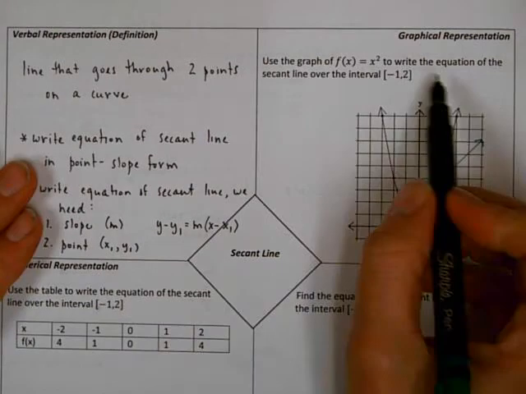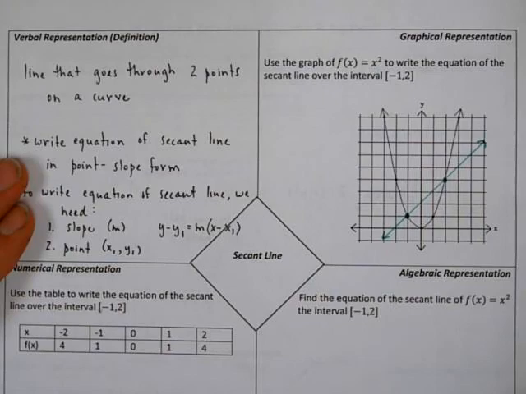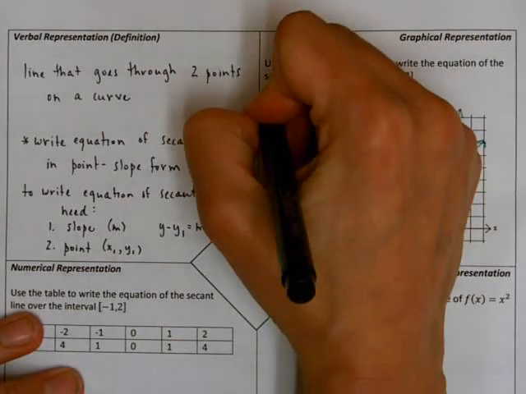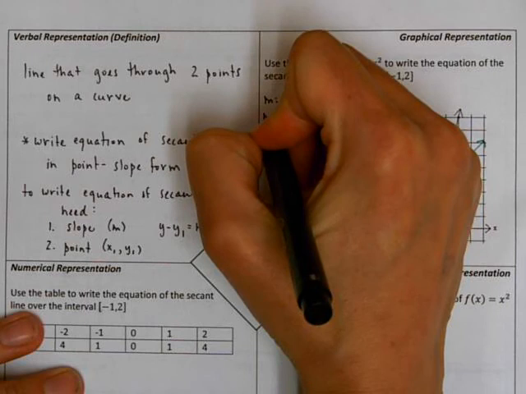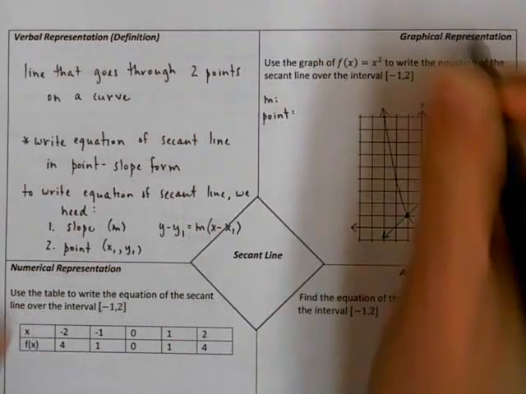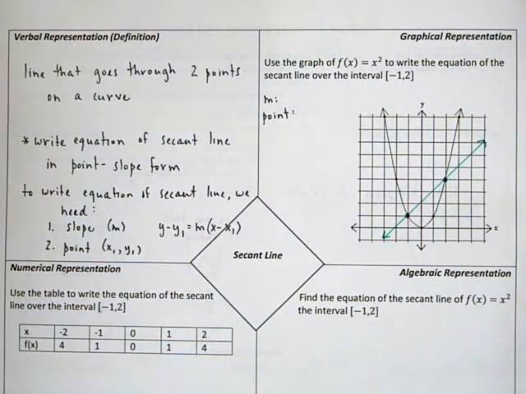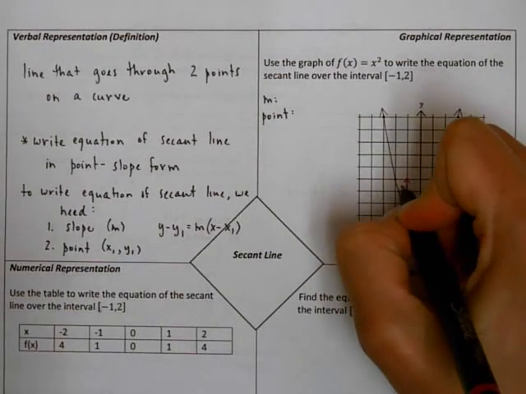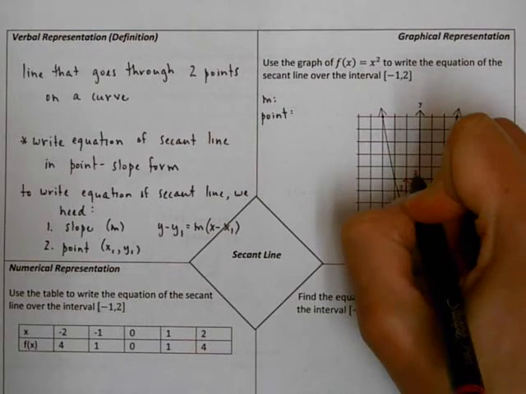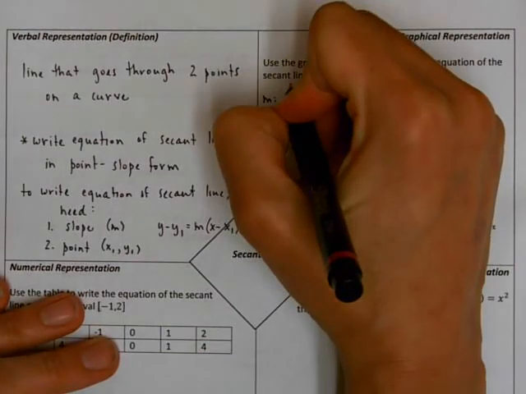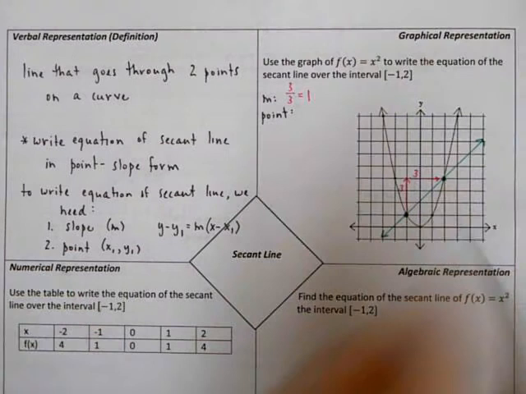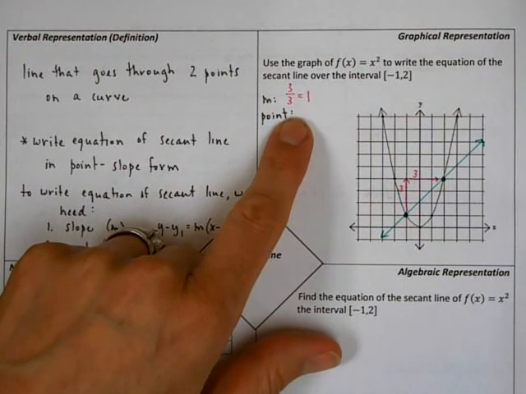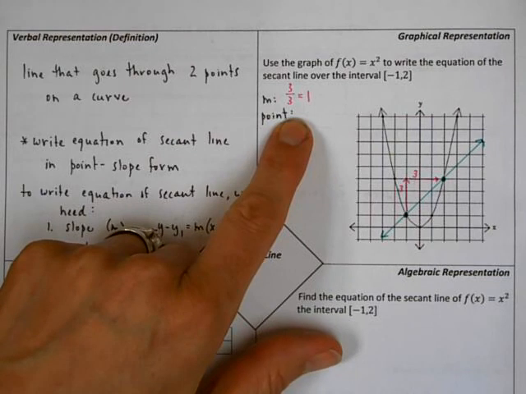So if I'm going to write the equation, we already said we need 2 things. We need the slope, and we need a point. So for slope, we found this on the first page. We can use our rise over run. So my rise is 3, my run is 3, so my slope is 3 over 3, or 1. And then for my point, I actually have a choice here. So we could write this equation 2 different ways.